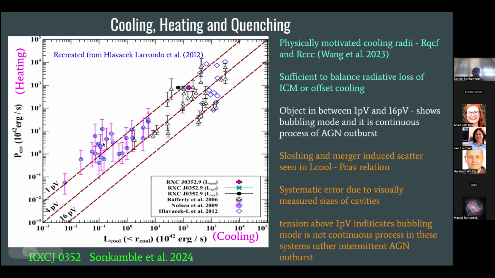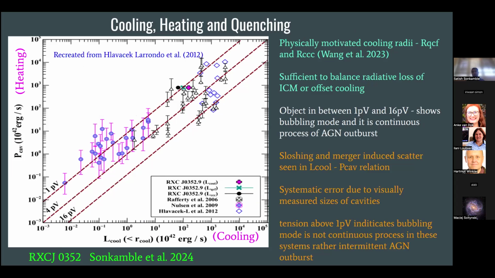Therefore, in these groups we see more cavities, and more cavities means more cavity power. Therefore, they shifted from above the 1 PV line.